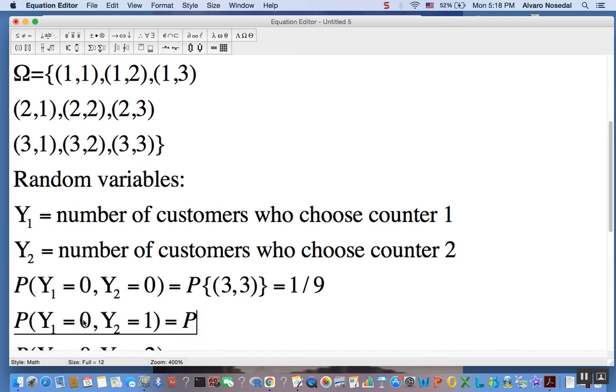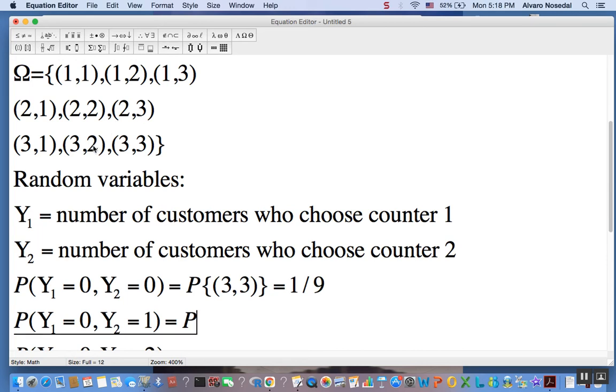Now we want the probability that y1 equals 0 and y2 equals 1. So that means that none of our two customers went to counter number 1, but one of them went to counter number 2, right? So if that's what happened, what we observed was 3, 2 or 2, 3, right?